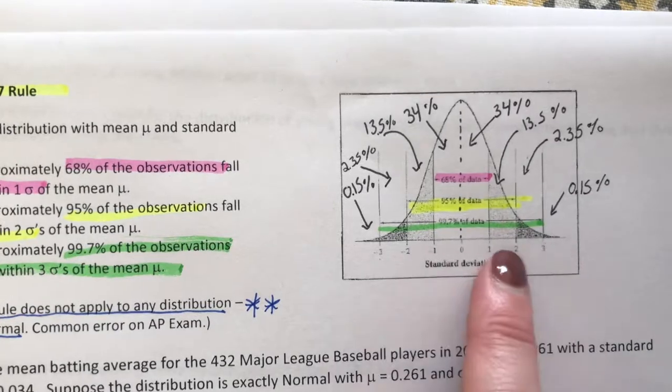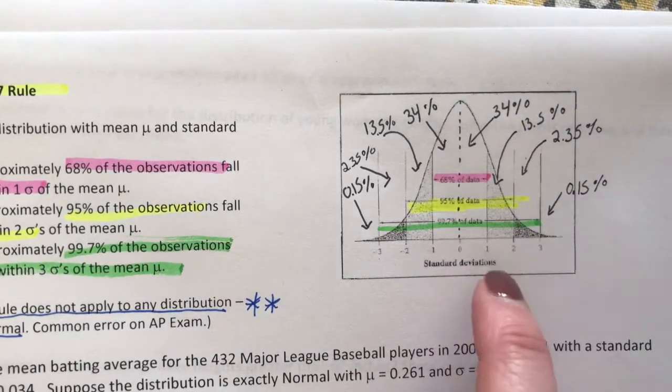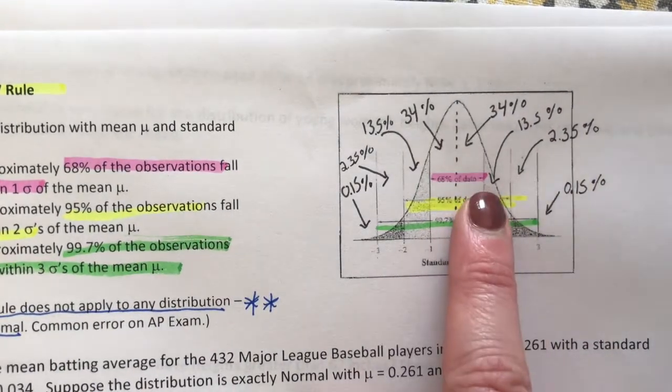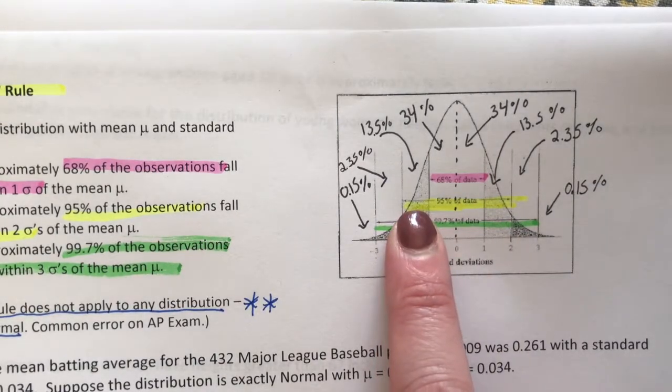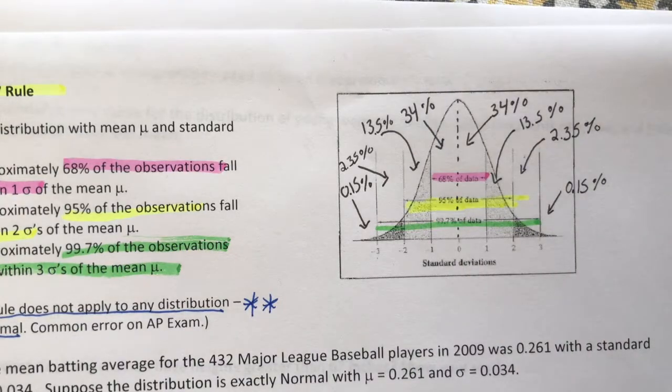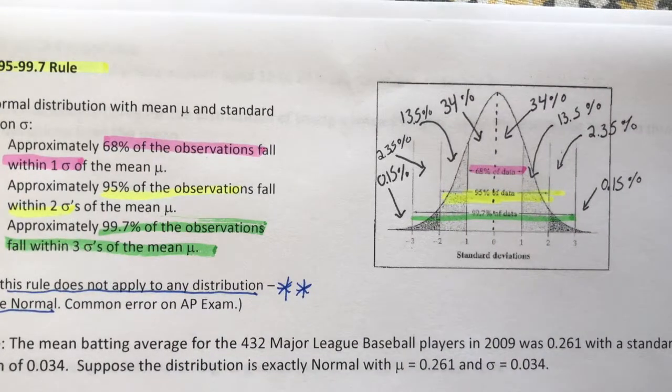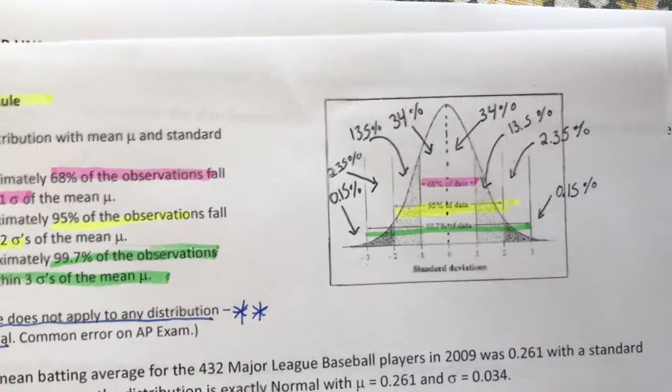So you can also fill in your chart. That'll break down between 1 and 2 above would be about 13.5%, and 1 and 2 below would also be 13.5%. Approximately 99.7% of the observations fall within 3 standard deviations of the mean.